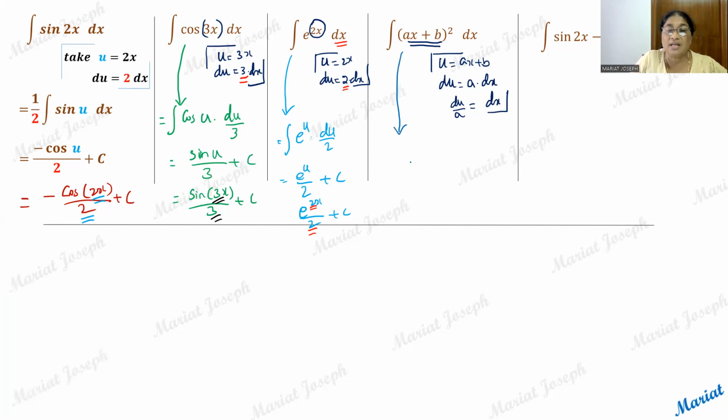This integration is now integral of u raised to the power 2 du upon a. Hence, u square integral is u cube upon 3. Also, there is an extra 1 upon a. Replace the u, which is ax plus b to the power 3 upon 3 into a, plus c.